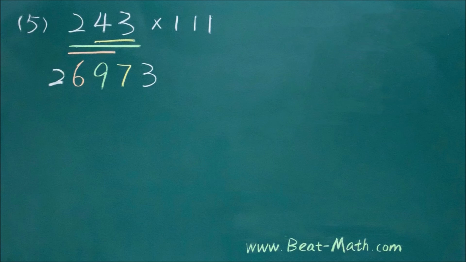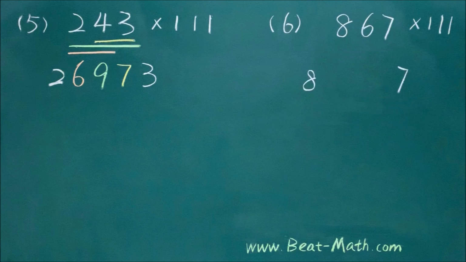Now, the last example for today. We will show you how to calculate if the sum of the number is bigger than 10. 867 times 111. First, put 8 in the first position and 7 in the last. 6 plus 7 equals 13. Put 3 next to 7, and the extra 1 plus 8 plus 6 plus 7 equals 22.